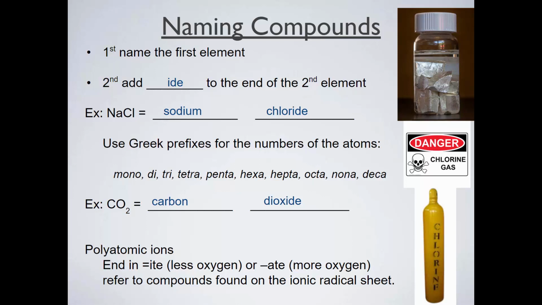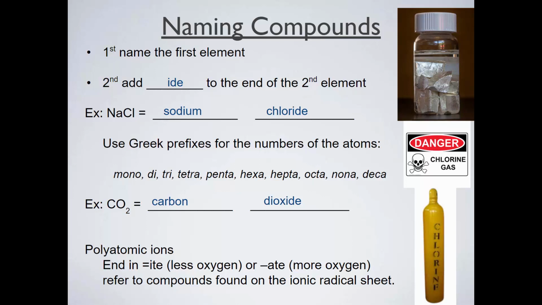Chlorine gas, poisonous, will kill you if you were to inhale it. However, if we take this reactive, dangerous metal, combine it with this poisonous gas, we get salt that we put on our food. So the properties of a compound can be very, very different from the properties of the elements that make them up.